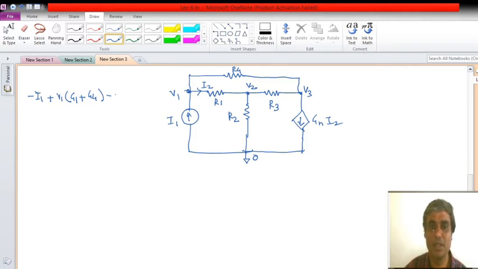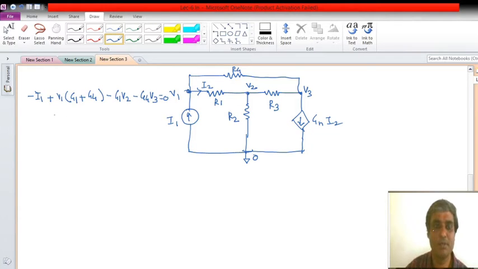Then minus V2 with respect to 0, so it is G1 into V2 0, and common between 1 to 3 is G4, so this will be minus G4 V3 0, which is equal to 0. This is equation 1, correct?